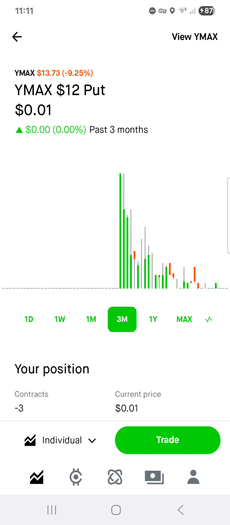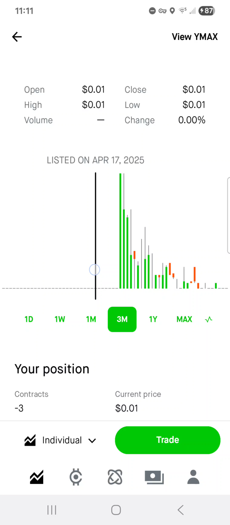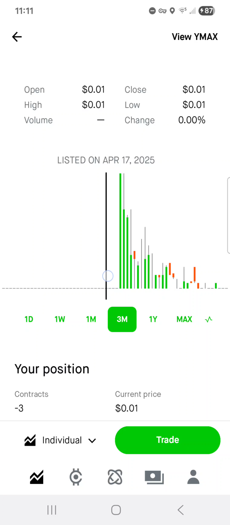And this is a better context for this chart. So this put option was listed on April 17th, 2025. It expires 2 months later on June 20th, 2025.